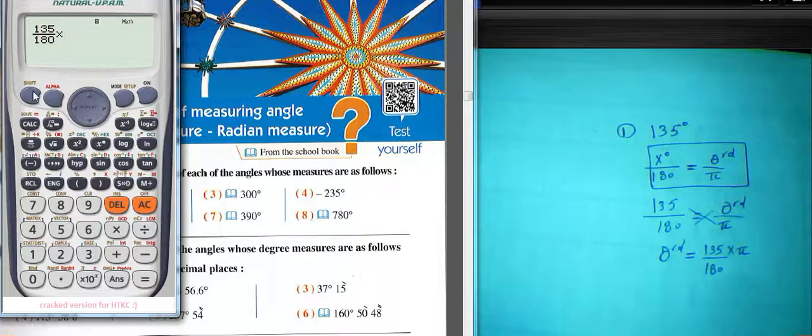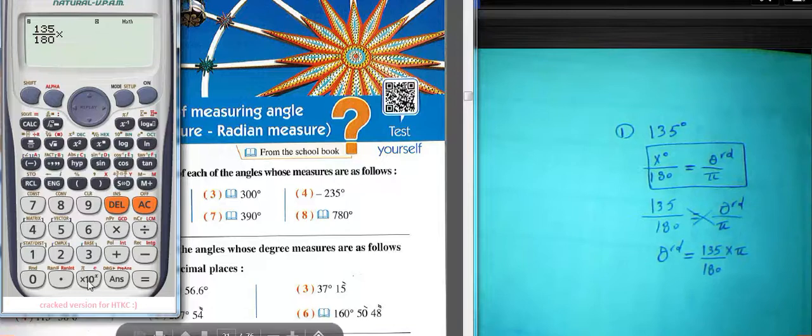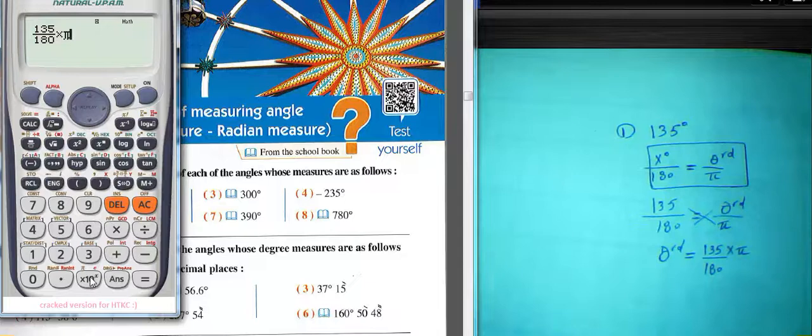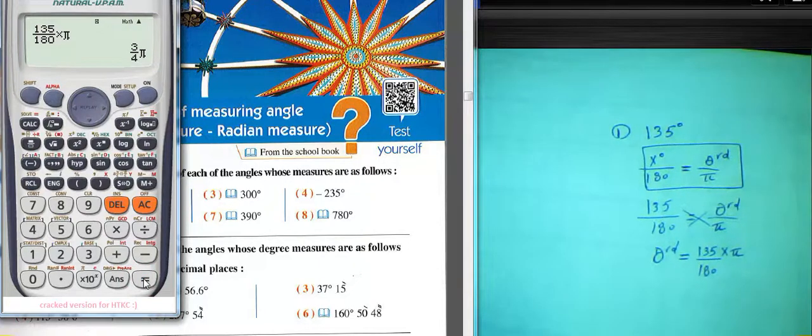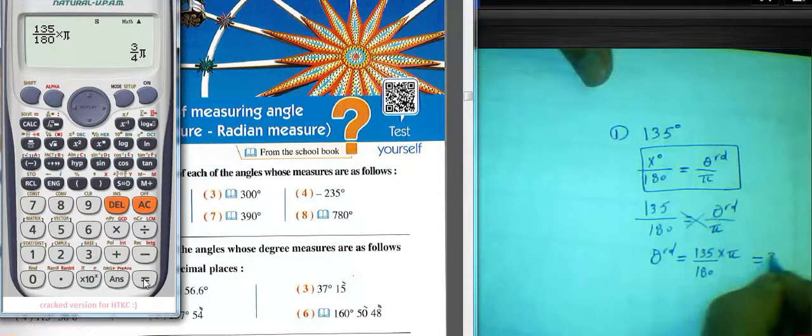We write pi by pressing shift and then this key, in this order. The result will be 3 over 4 pi.